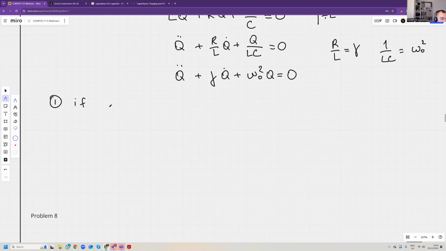First, if the discriminant, which is b squared minus 4ac, that is gamma squared minus 4 omega 0 squared, is greater than 0, then you have overdamping.